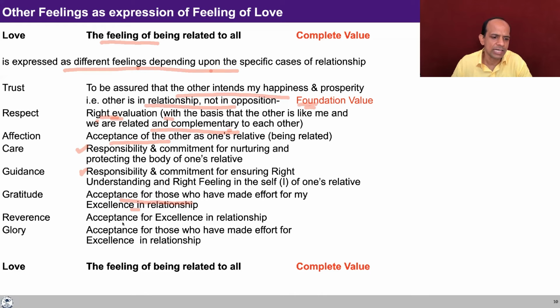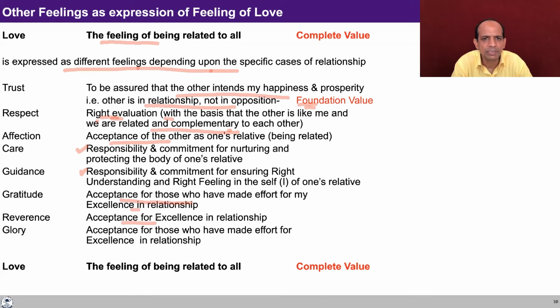I'm also able to see that there are people, or there have been people in the tradition, who have been able to ensure competence, that is, excellence in completeness. So that acceptance of excellence in the relationship for the other, that yes, the other person has completeness of right understanding, right feeling, right thought.